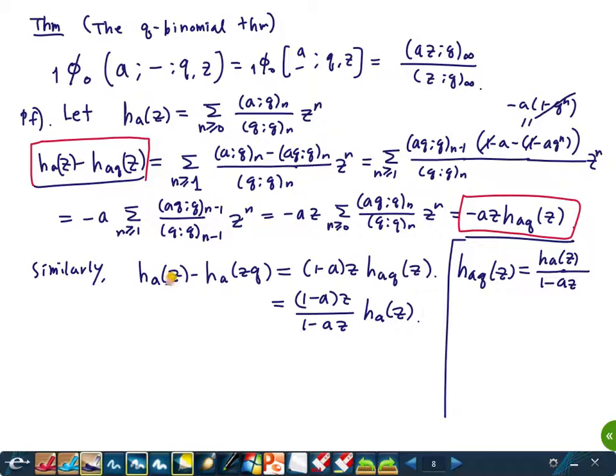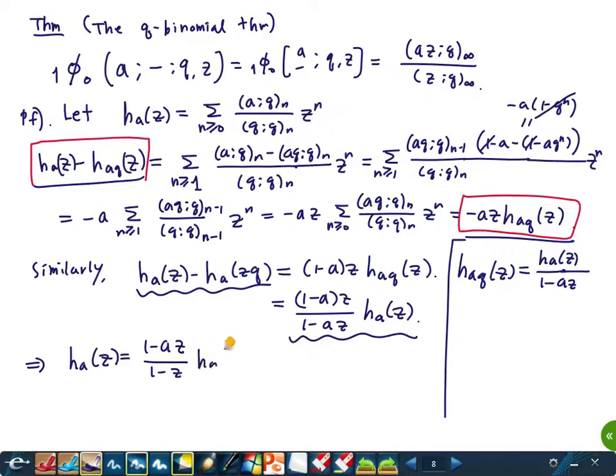So now we can simplify this. This equals this, because they have the same factor here and here. So finally, we get H_a(z) equals (1 minus az) over (1 minus z) times H_a(qz). We obtained a recurrence relation, some kind of functional equation like this, by considering the difference of this and this.